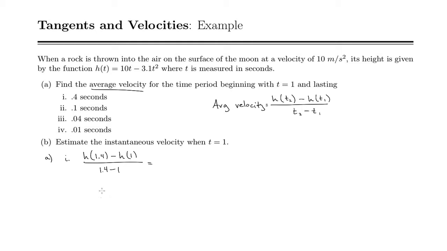So plugging this all in, we'll have h of 1.4 is 10 times 1.4 minus 3.1 times 1.4 squared. That's h of 1.4. And then minus h of 1, which is 10 times 1 minus 3.1 times 1 squared. And we're dividing this by 0.4.